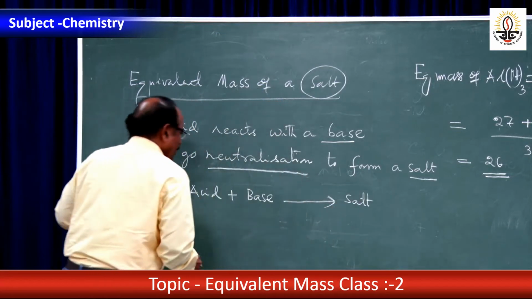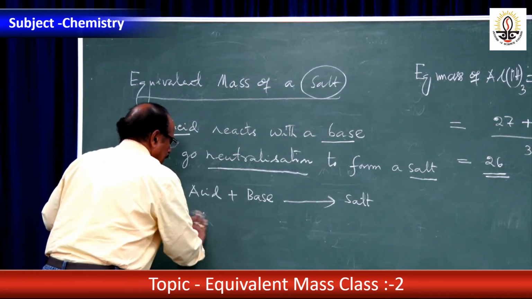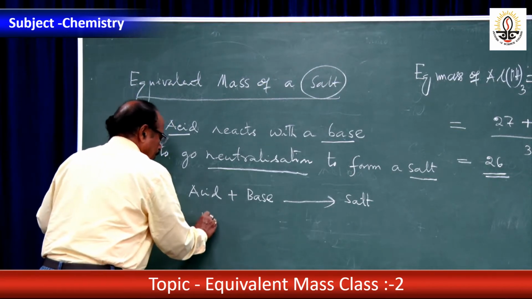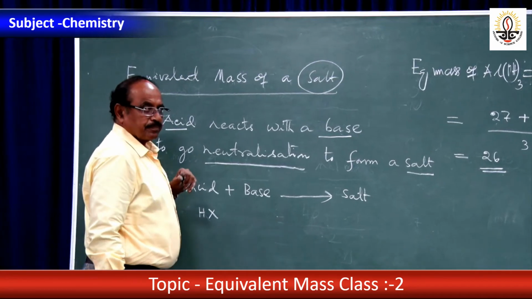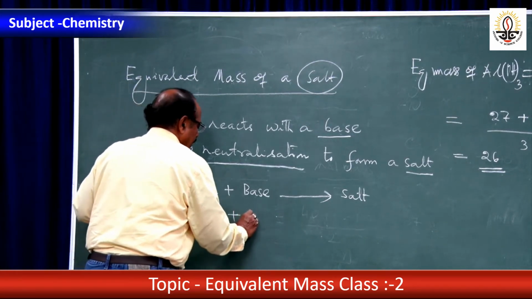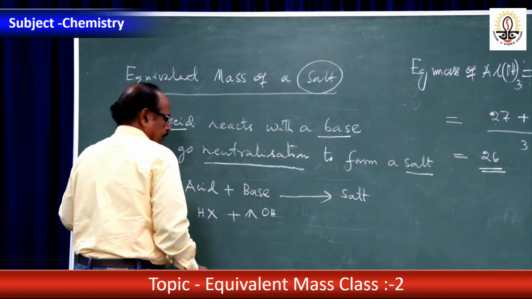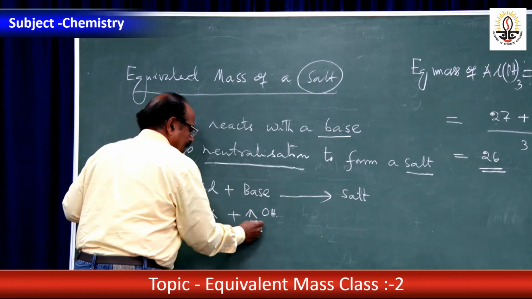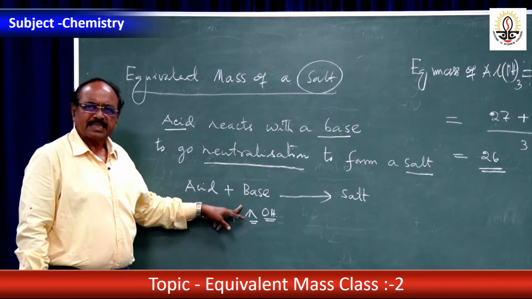So suppose the general formula of an acid is HX, it must contain hydrogen, and the base is MOH. M is the metal, and metal hydroxides are bases.